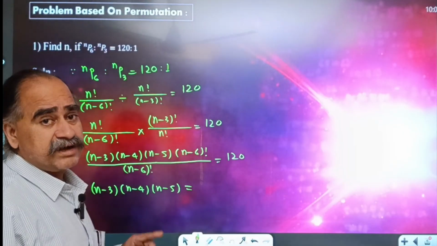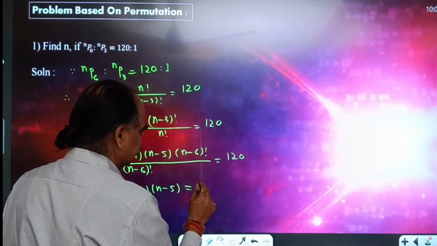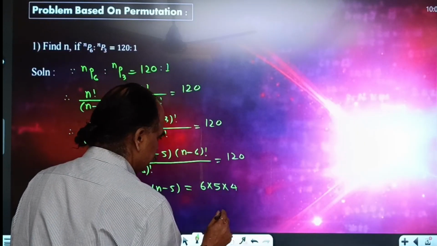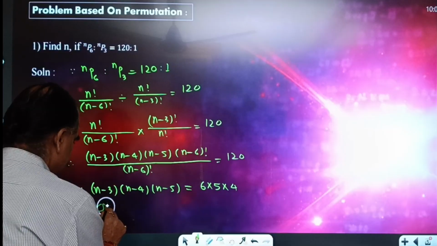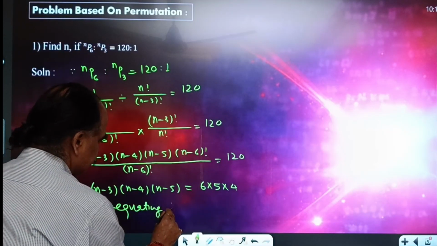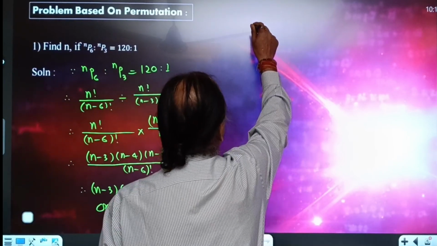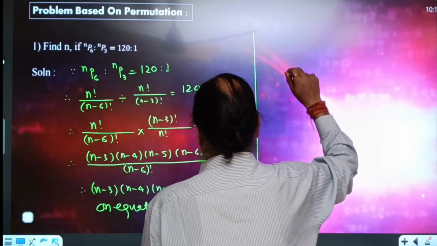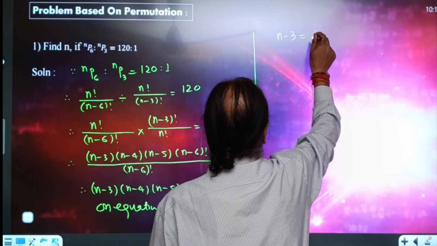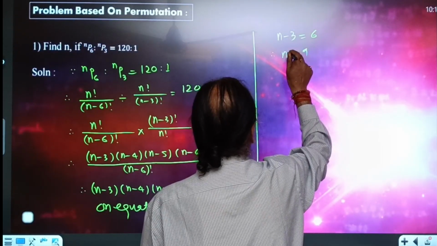So these are three consecutive descending order factors. So 120 can be written as 6 into 5 into 4. On equating we get n minus 3 is 6, n is 9.